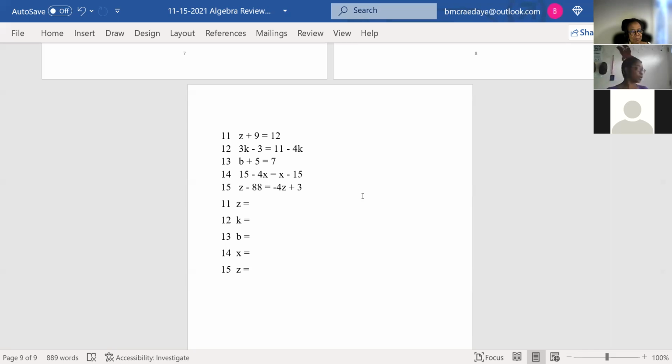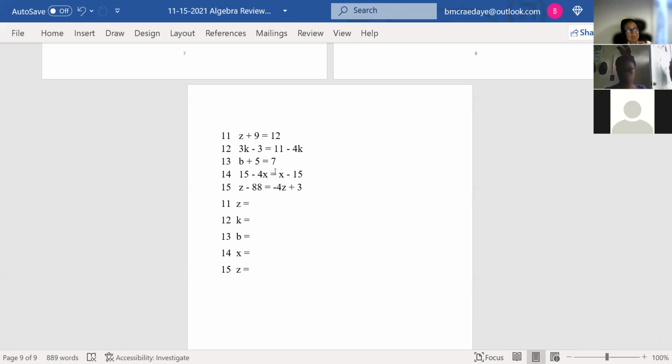Get the minus 4x and the x on the same side, right? So you can subtract the x here and subtract the x here. And what's a minus 4x and a minus 1x?